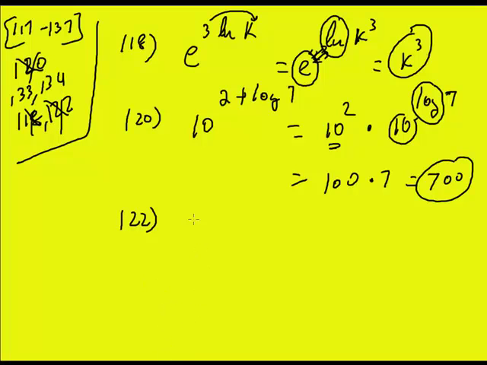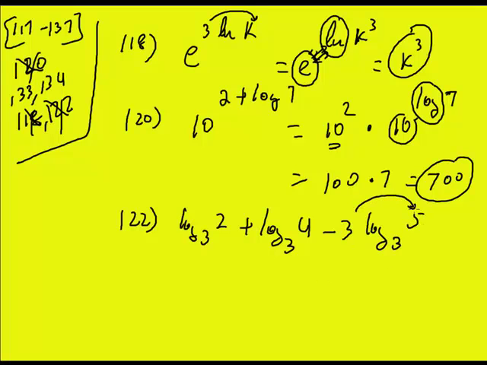122. Simplify. I have a log base 3 of 2 plus log base 3 of 4 minus 3 log base 3 of 5. Take that 3 to the top. 5 to the third power is going to be 125. So I have log base 3 of 2 plus log base 3 of 4 minus log base 3 of 125.